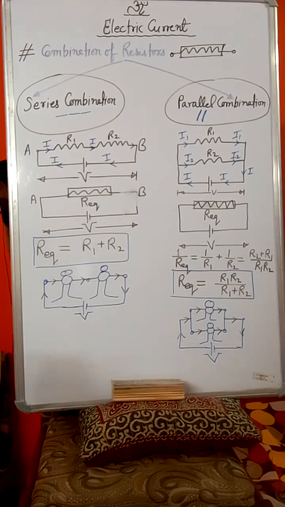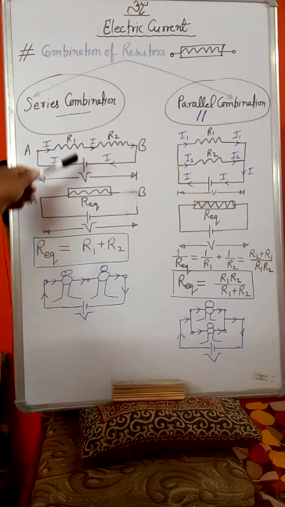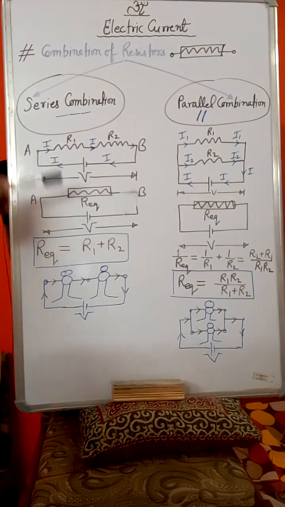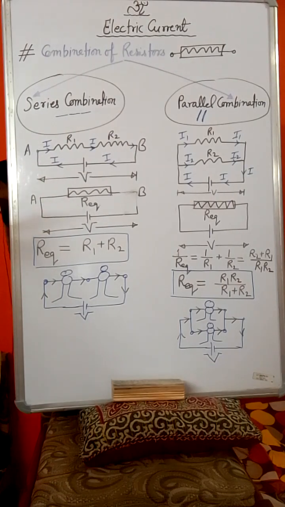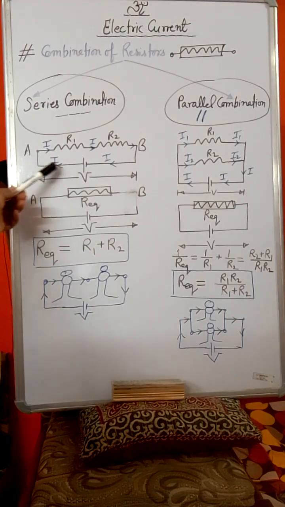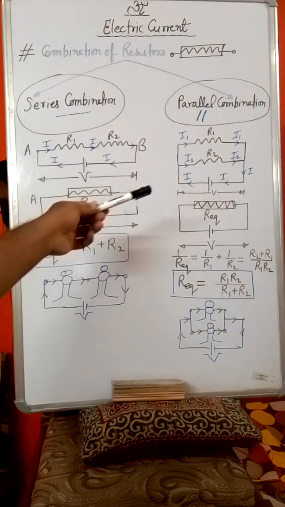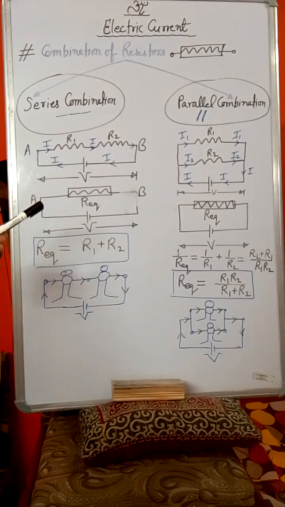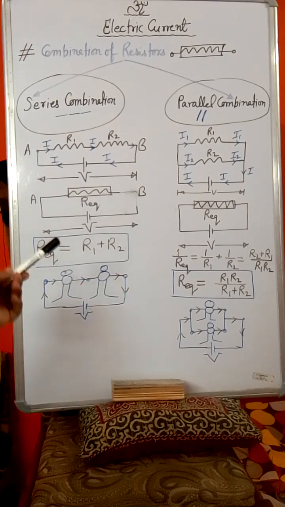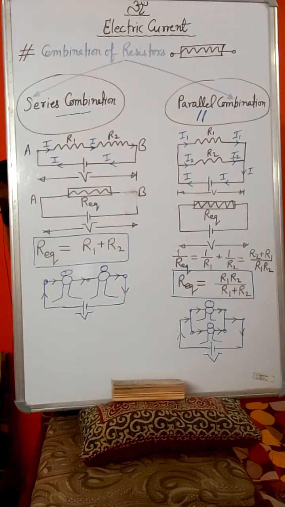Now, whenever such a situation occurs, like here, you can replace the persons with resistors. The same current passes through both resistors and the same current comes back to the negative terminal of the battery, cell or voltage source, whatever you say.